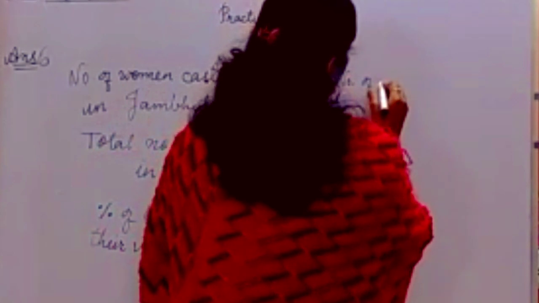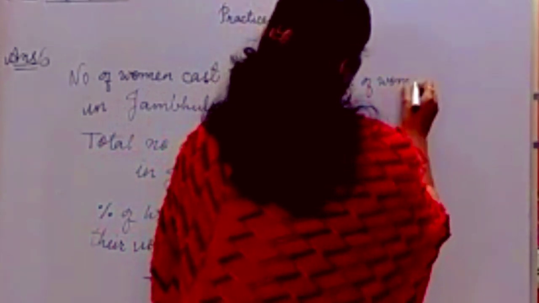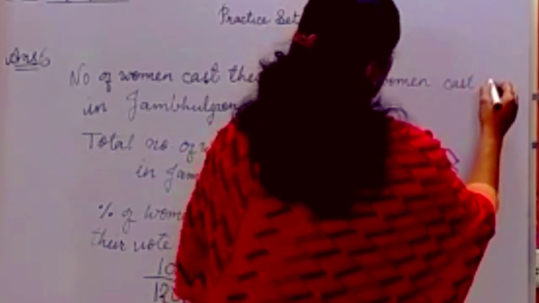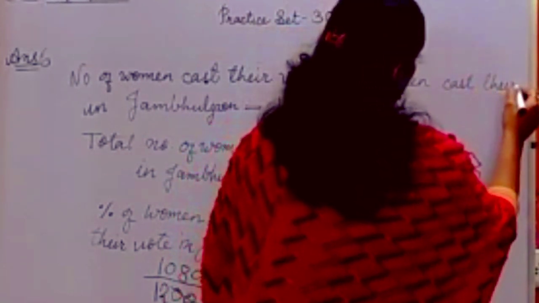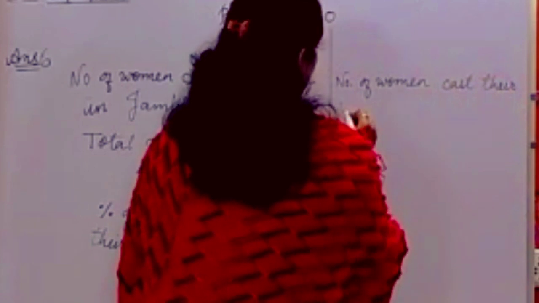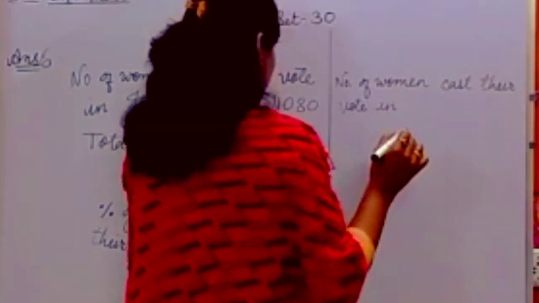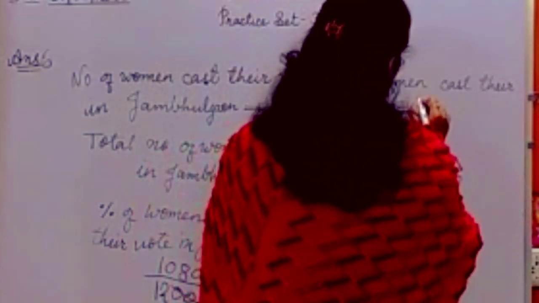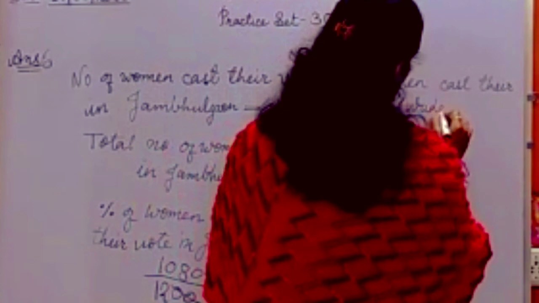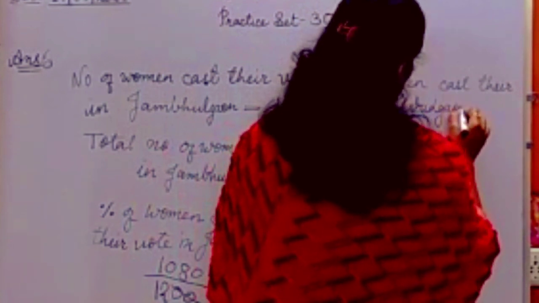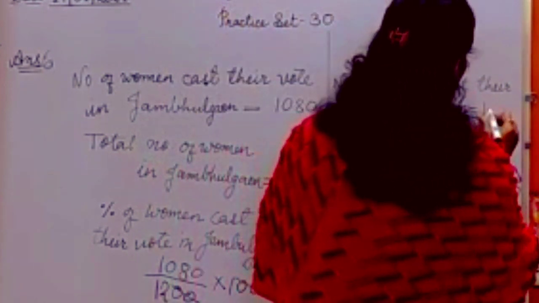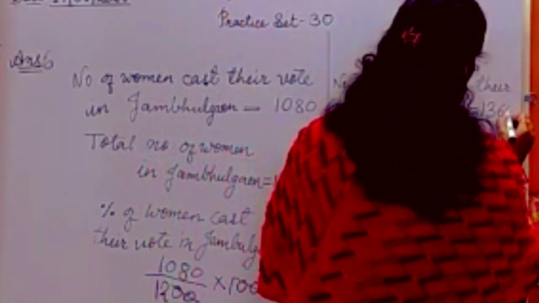Number of women cast their vote in Vadgaon. It is 1360.